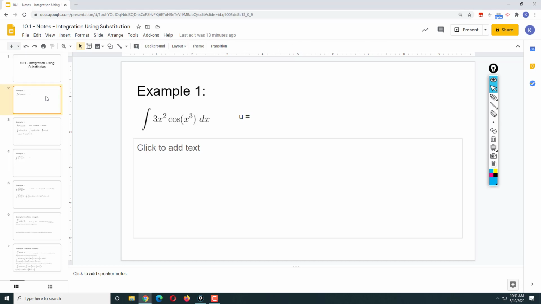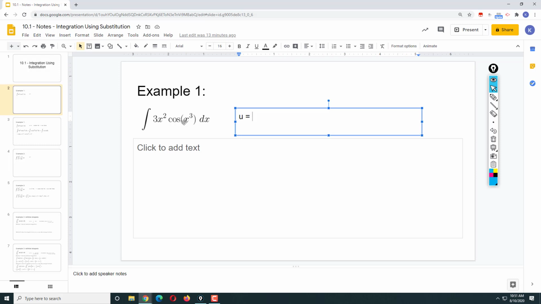Example 1. We want to find the integral of 3x squared cosine x cubed dx. We're going to use the u substitution method. What I notice here is that I have an x cubed inside the cosine, so I'm going to say that u equals x cubed.